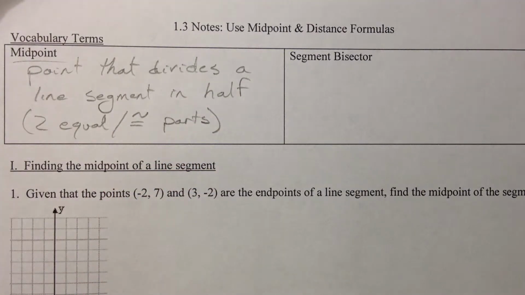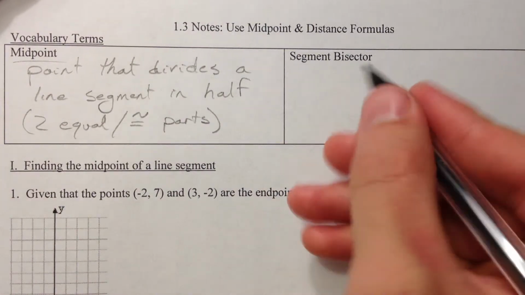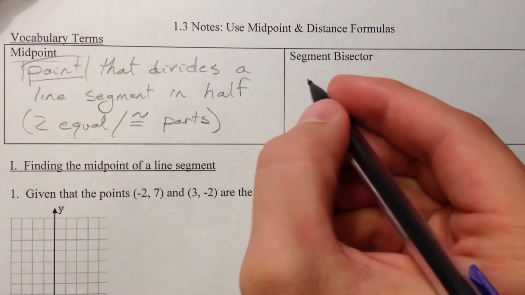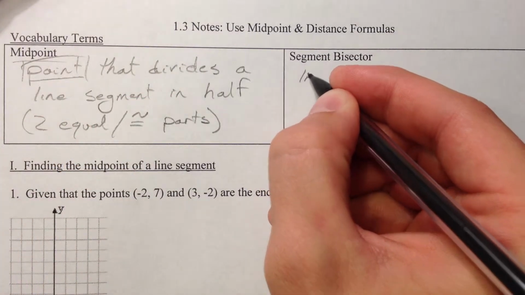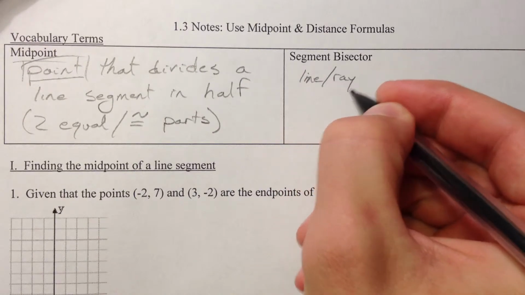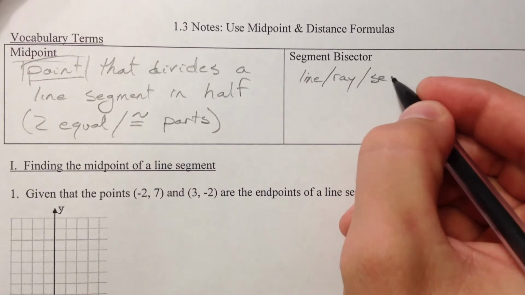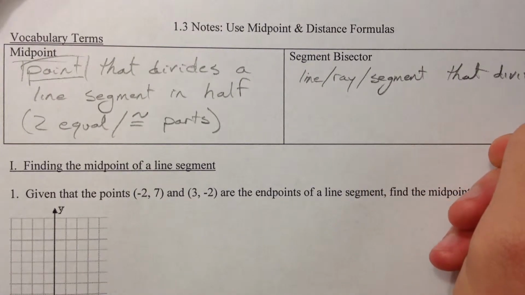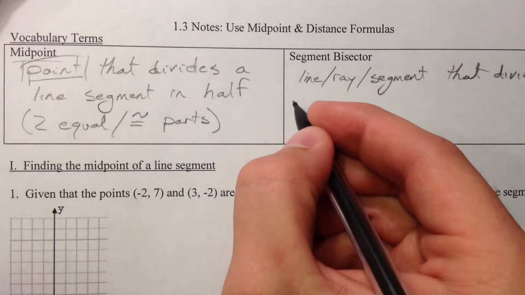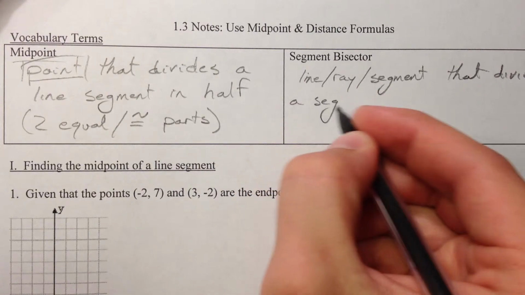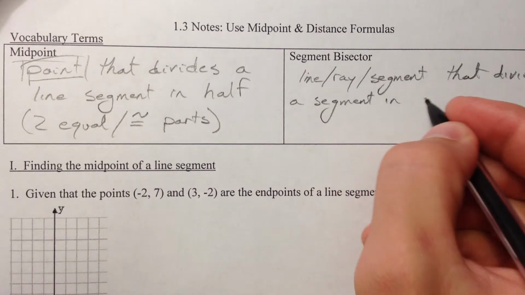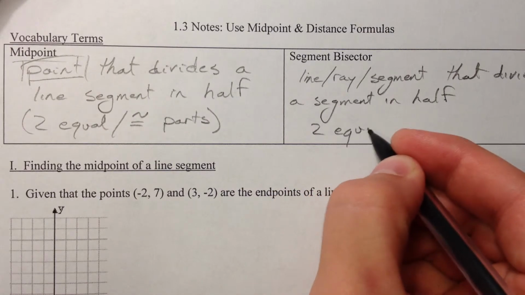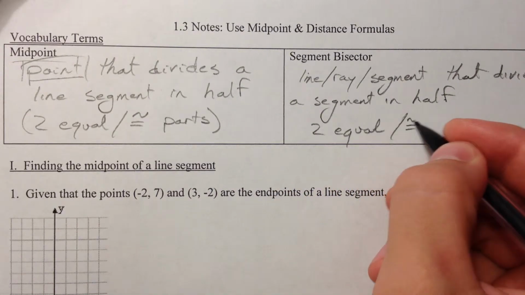And a segment bisector is going to do the same, but instead a midpoint is a point that does that. A segment bisector could be a line, a ray, or a segment that divides a segment in half, or two equal or congruent parts.